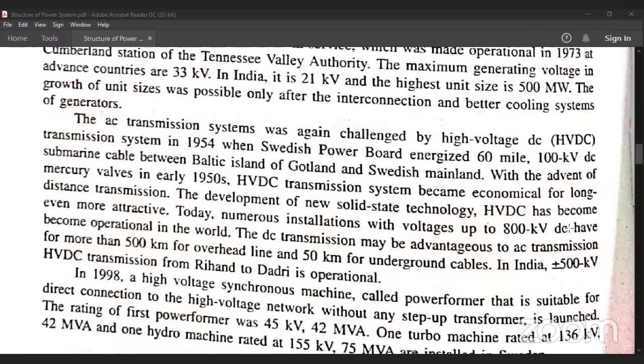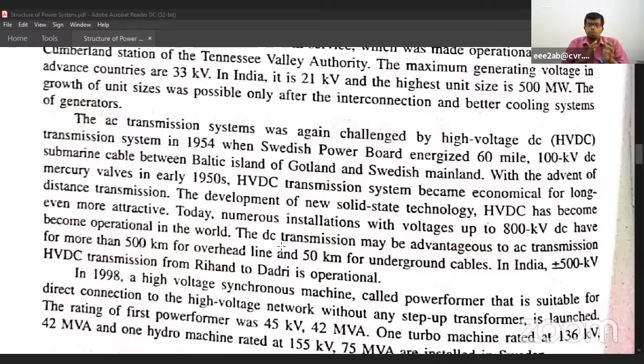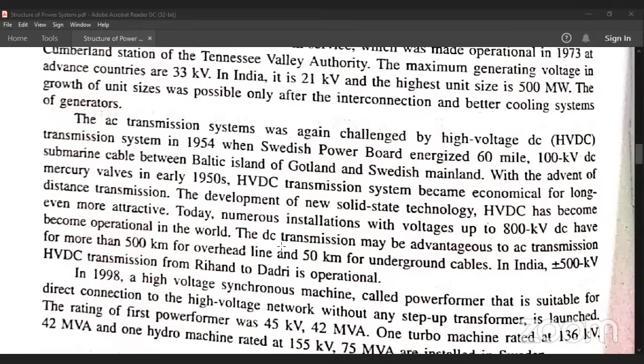DC transmission has advantages over AC transmission for more than 500 kilometers for overhead lines. In a DC system only two lines are passed, positive and negative.